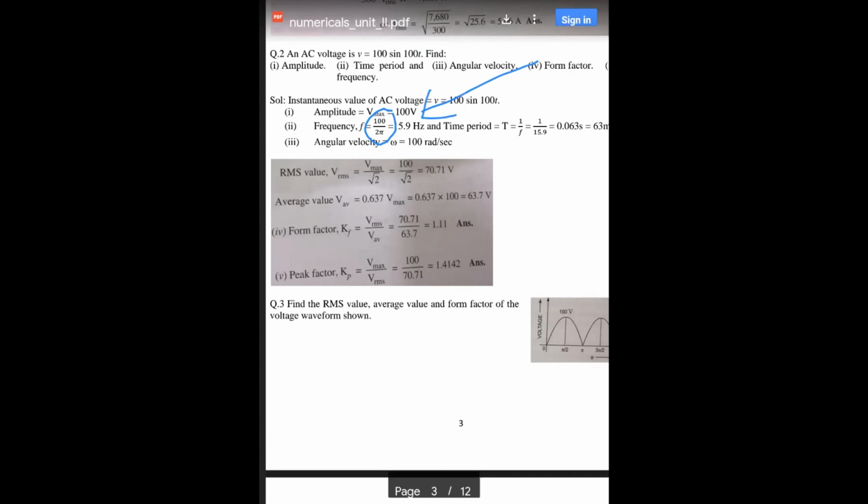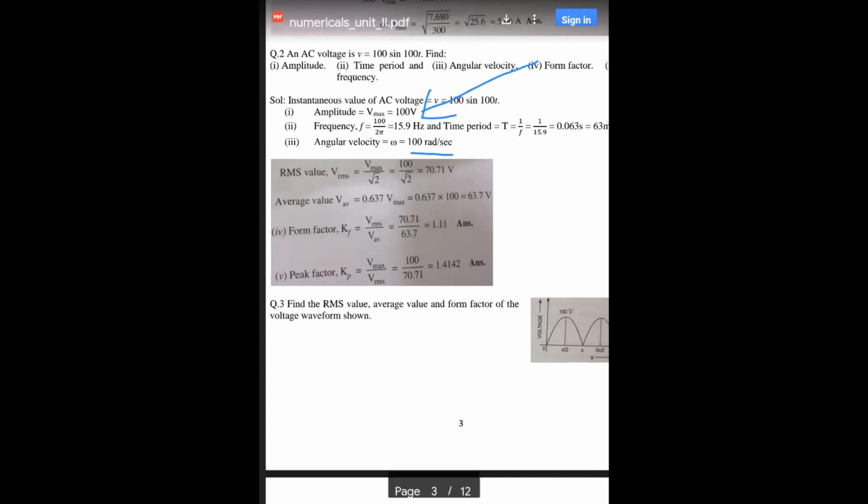But if we have to calculate the angular velocity, which is in radians per second, we will equate this instantaneous voltage with sine omega t, so it is 100 radians per second.